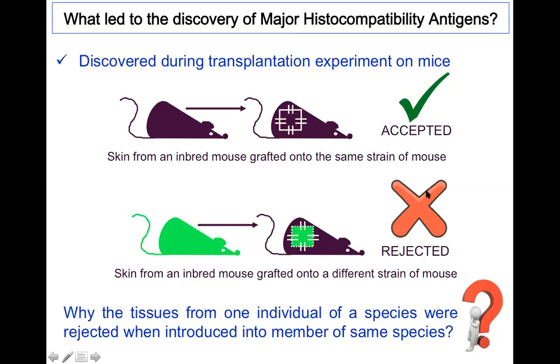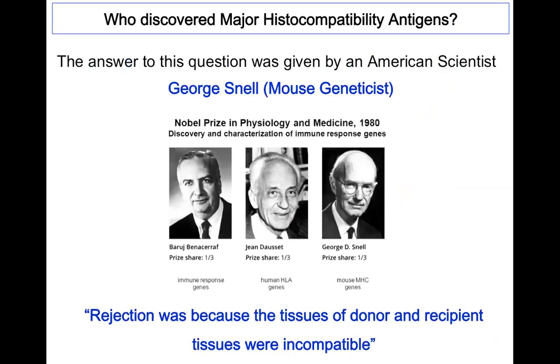So the question was raised: why was tissue from one individual of a species rejected when introduced into a member of the same species? The answer was given by the American scientist George Snell, and that led to the discovery of major histocompatibility antigens.